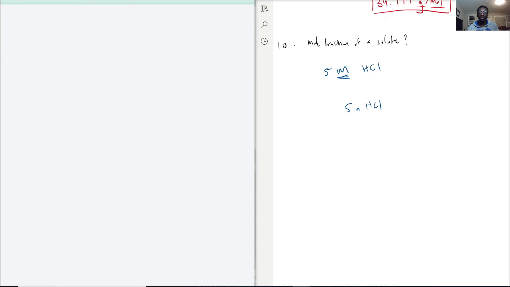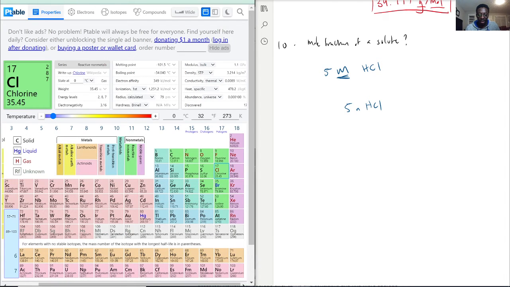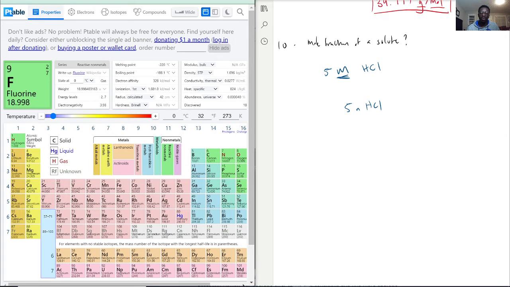1-to-1 ratio of 1 liter is 1 kilogram, we have 5 moles of HCl. That would be hydrogen 1.008 plus chlorine 35.45. Okay, so that's 36.458 grams per mole. And we have 5 of them, so that's times 5.